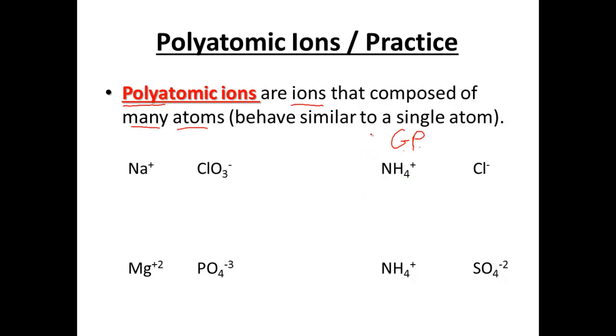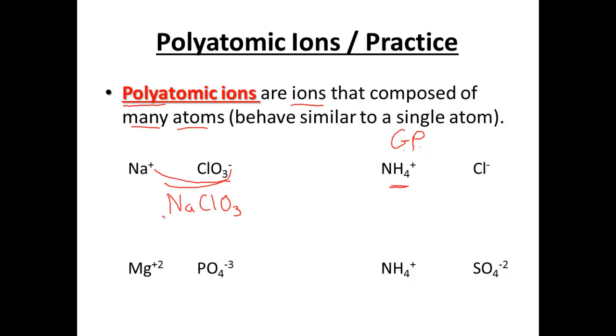Anytime we see those, like ClO3, that's a group of atoms with a negative overall charge. NH4 is a group of atoms with a positive overall charge. We're going to treat those as a single atom. So using our crisscross method, if there's no number, it's 1. We're going to crisscross, so in the end, Na plus ClO3.